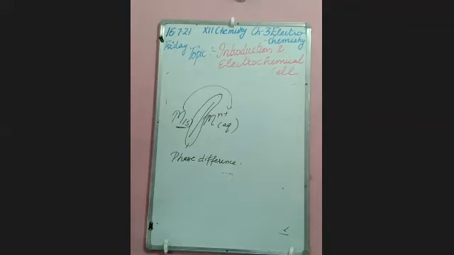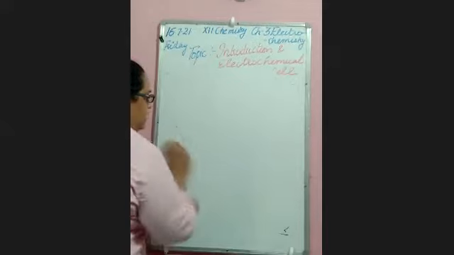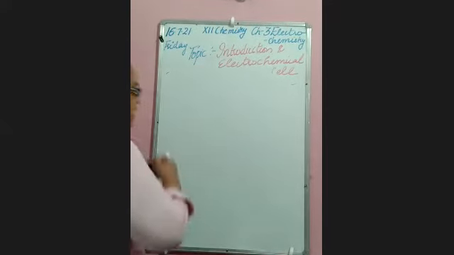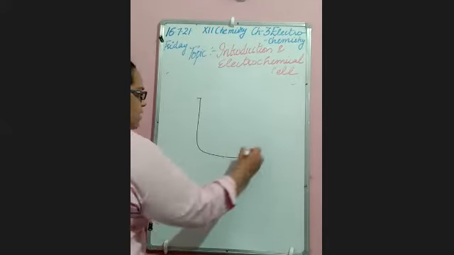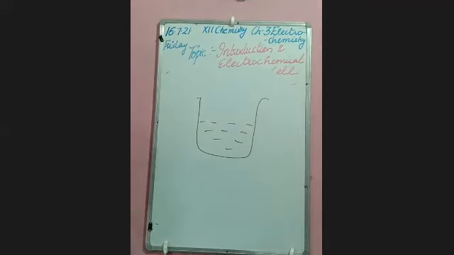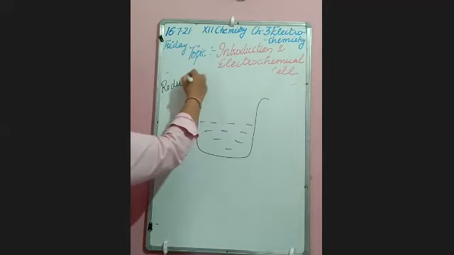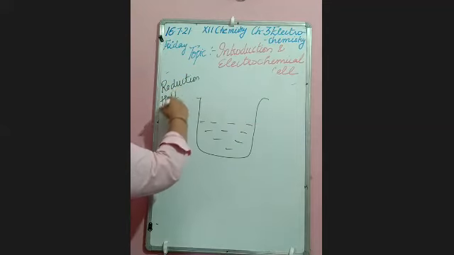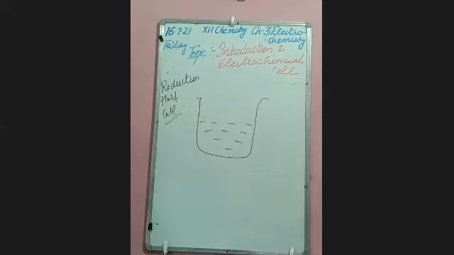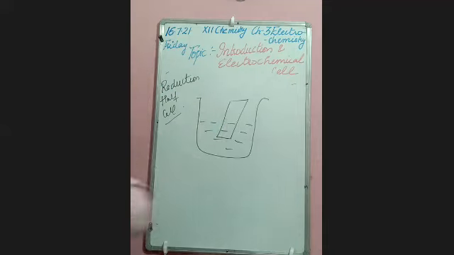Similarly, as it is a redox reaction, there must be a reduction process going on in another beaker. Suppose this is another beaker. This is the second component, the reduction half cell, in which also an electrode is present.